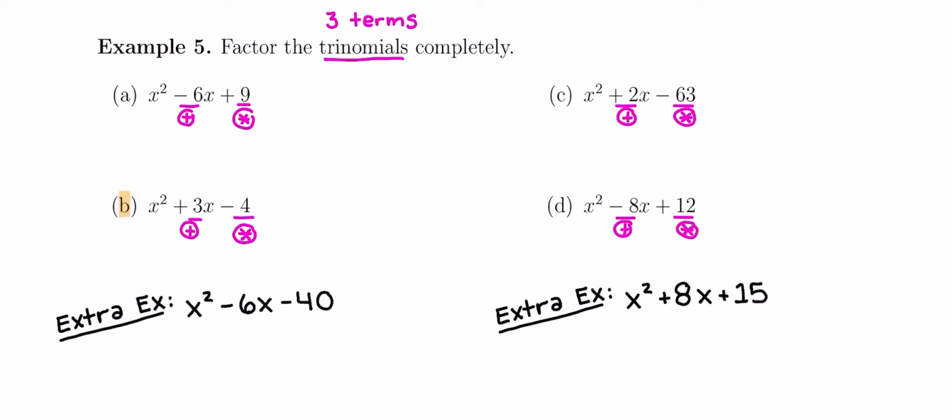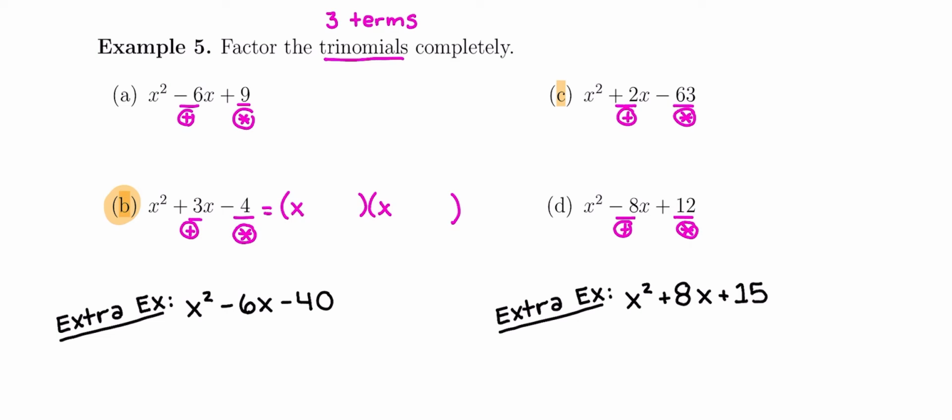So I'm looking at letter B and letter C. These both end with a negative number, which I think is easier because then I know what type of factors I have. Looking at letter B, I have x's getting multiplied to be x squared. And since I end with a negative number, there's only one possible type of factor, right?